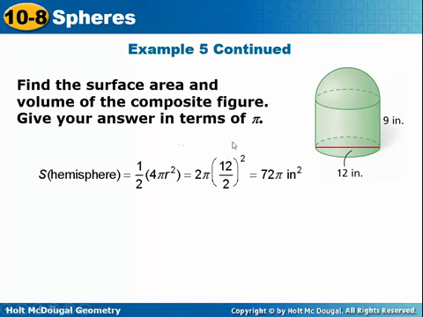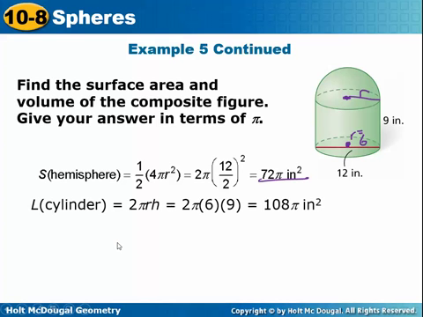It's just the outside of your ball, the wrapping you would cover that ball with. So we would just take 1/2 of 4 pi r squared, and then the radius is 6 because the diameter is 12. And that's the same as the radius of your hemisphere. So we get 72 pi.